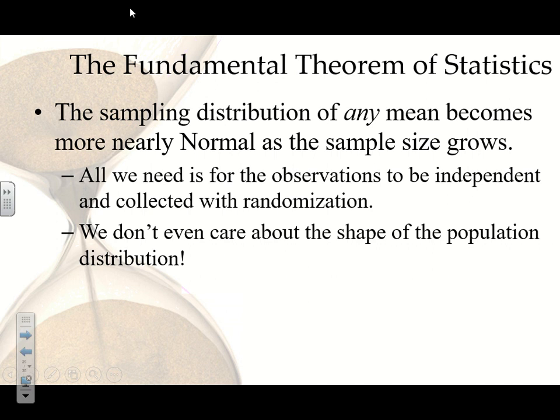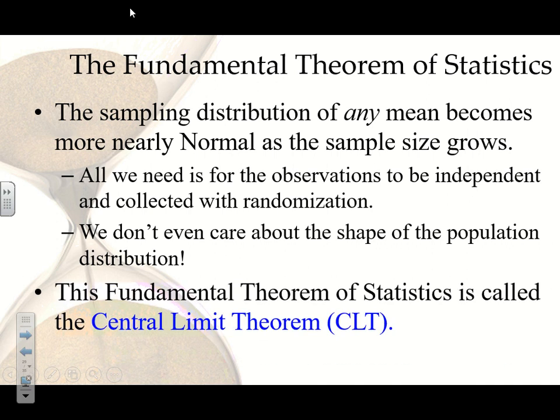This fundamental theorem is sometimes called the central limit theorem, or CLT, as you'll see in the abbreviations. You might run into questions that ask what's the idea behind the central limit theorem of statistics, or the CLT. Well, the main idea is if you take larger samples from a population, the sampling distribution created becomes more nearly normal.